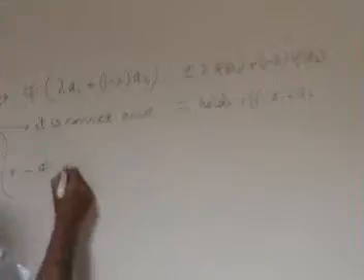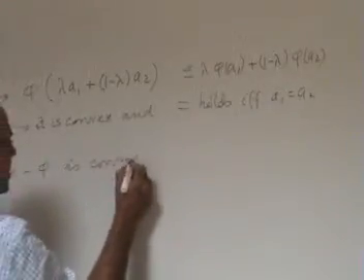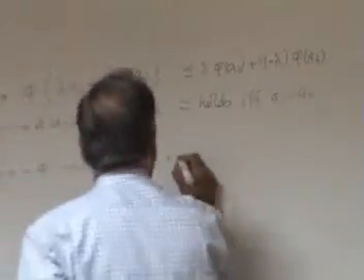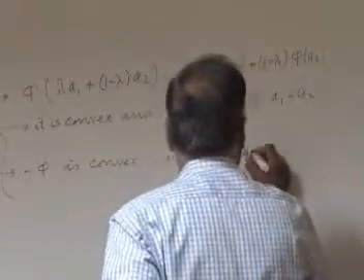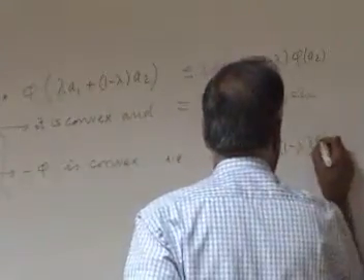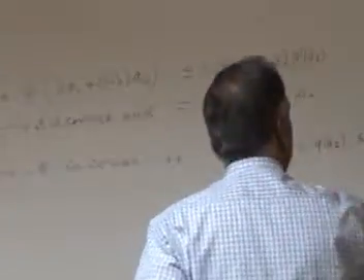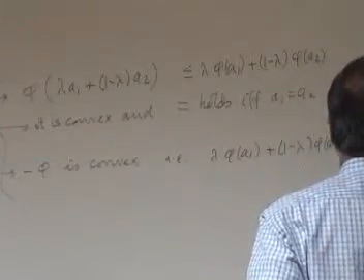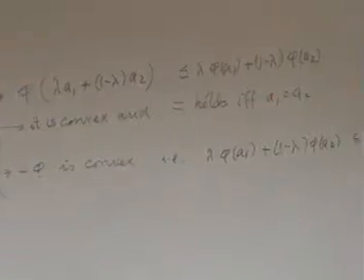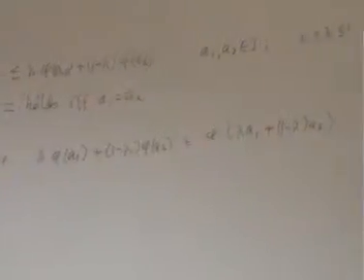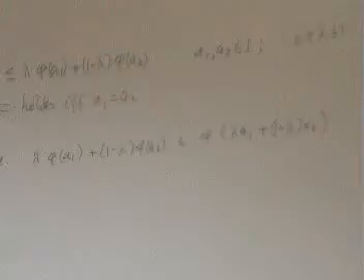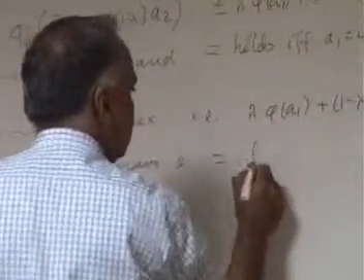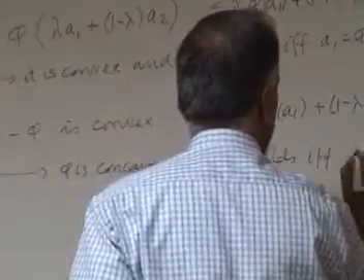Concave means minus phi is convex, which means the inequality gets flipped around. That is, lambda phi a1 plus 1 minus lambda phi a2 is less than or equal to phi of lambda a1 plus 1 minus lambda a2. And again strictly concave if phi is concave and equality holds if and only if a1 equals a2.